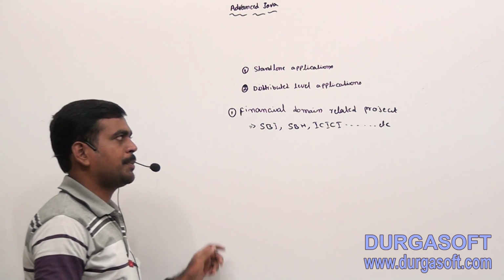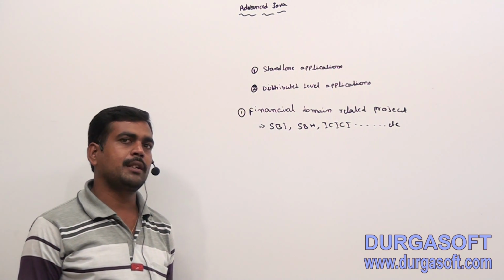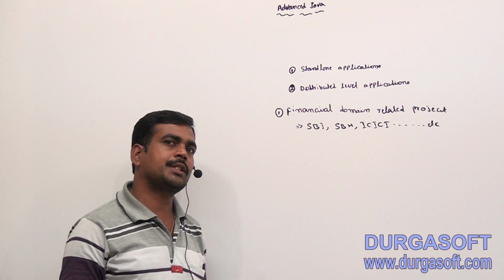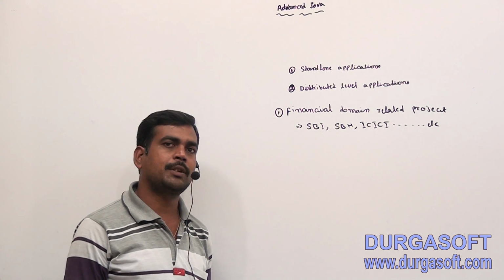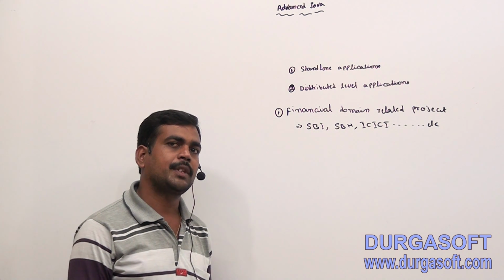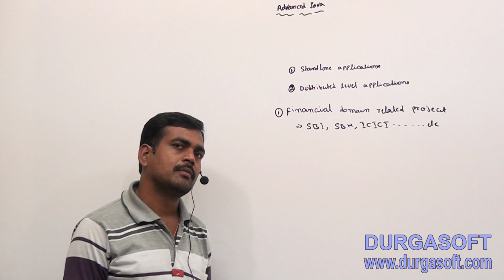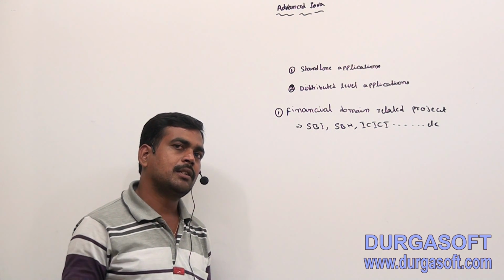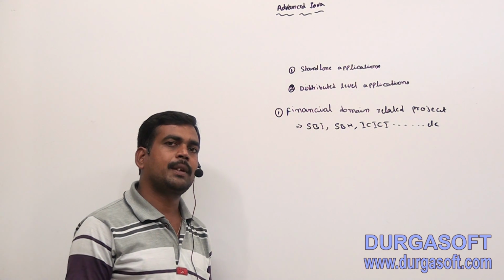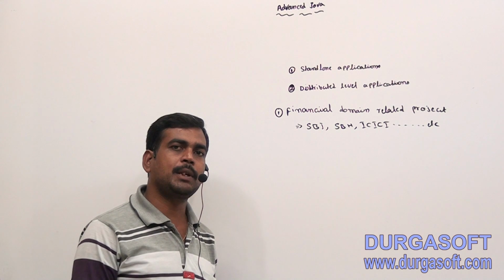All are financial domain related projects. Now these applications are going to be running in one place, and multiple users are going to be accessing those features. For example, you can take the SBI application. That SBI application is going to be running in the bank server, and that bank server is going to be communicating to the different parts of the application.